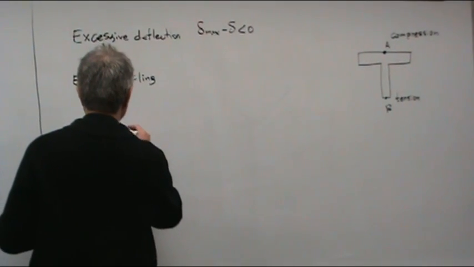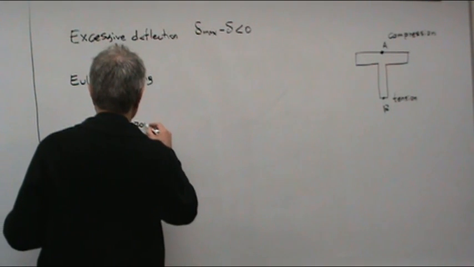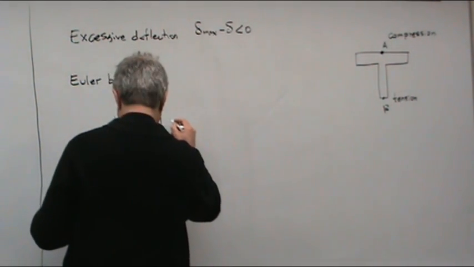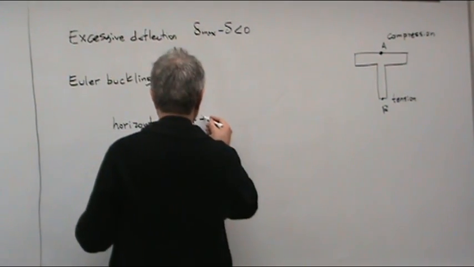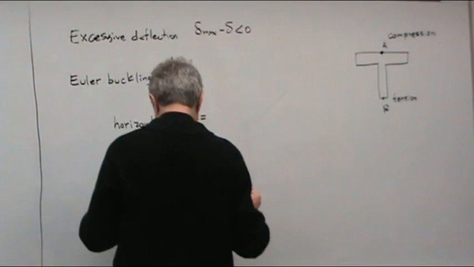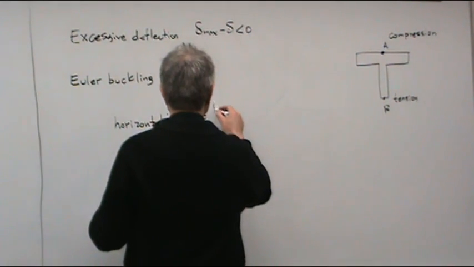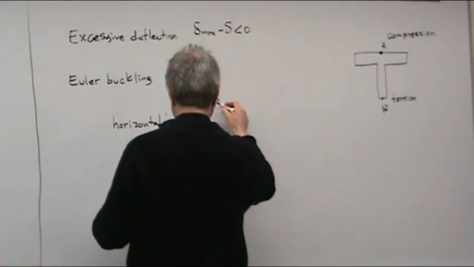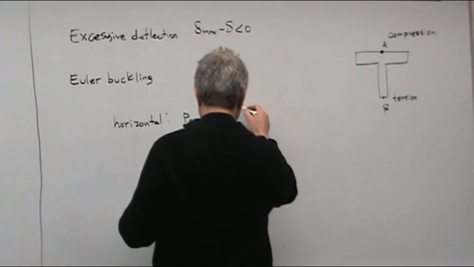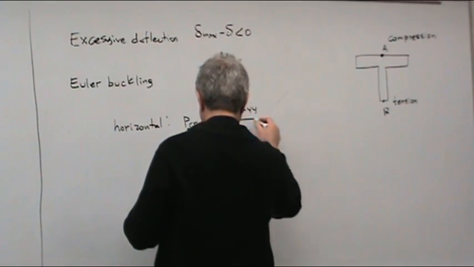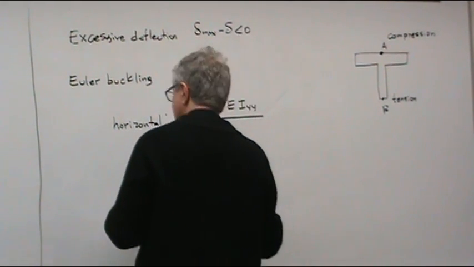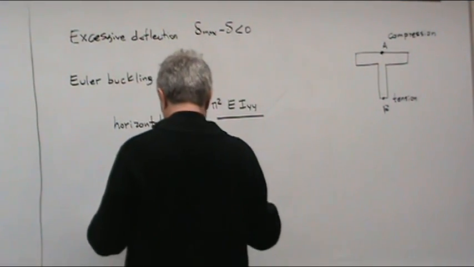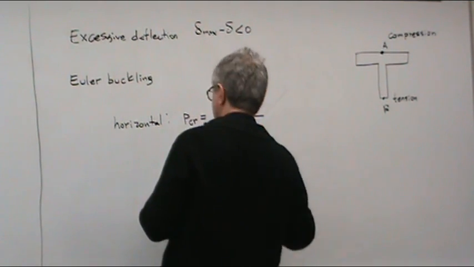For the horizontal plane, the critical value is pi squared E times the moment of inertia about the vertical axis over L squared.